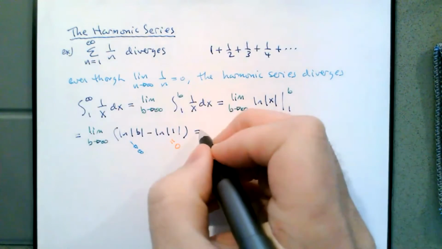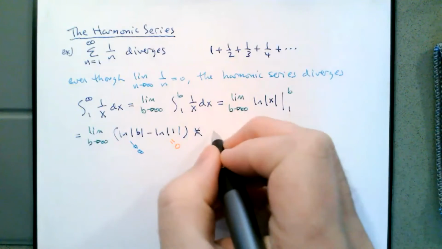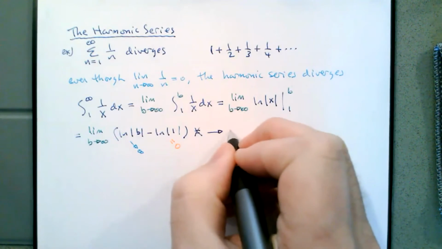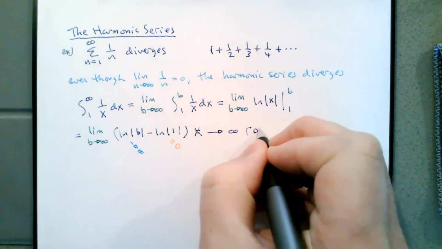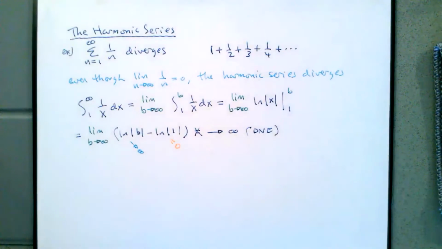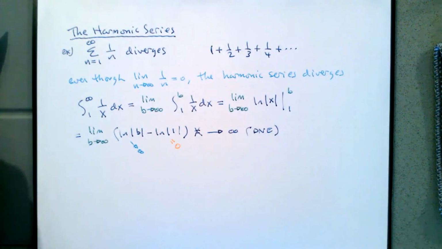This limit goes to infinity. That is, this limit does not exist. Since the improper integral diverges, the series diverges.